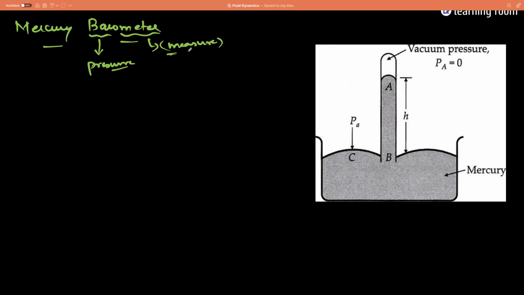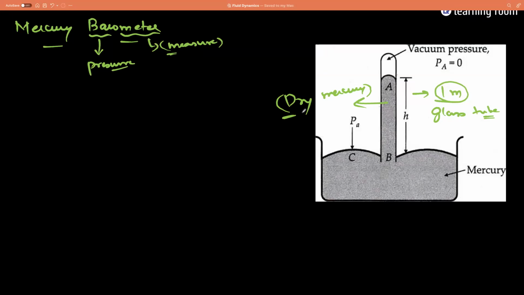Okay. So how is it going to look? If you observe, what is the shape it is taking? You have a 1 meter long glass tube and there is dry mercury taken inside it.